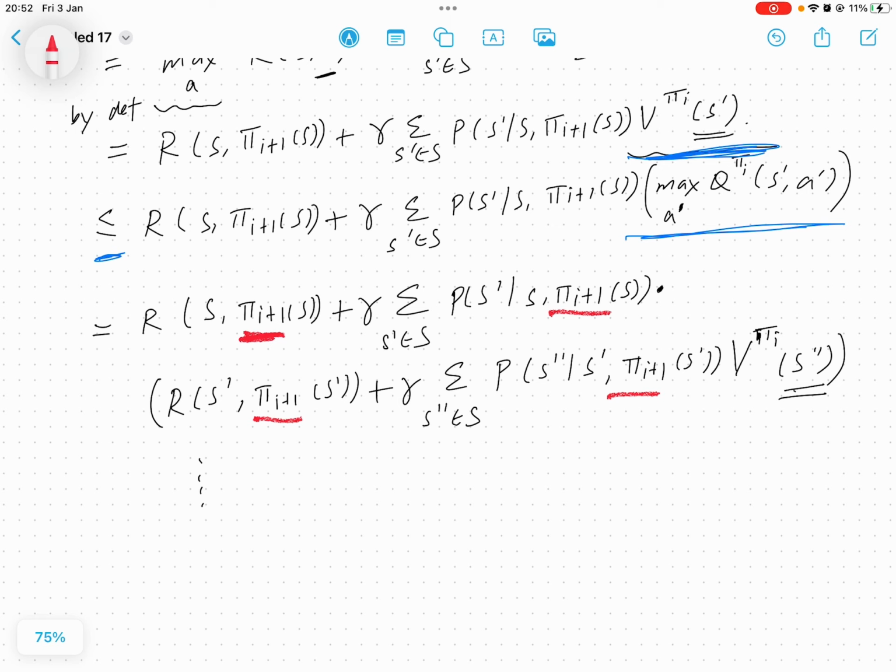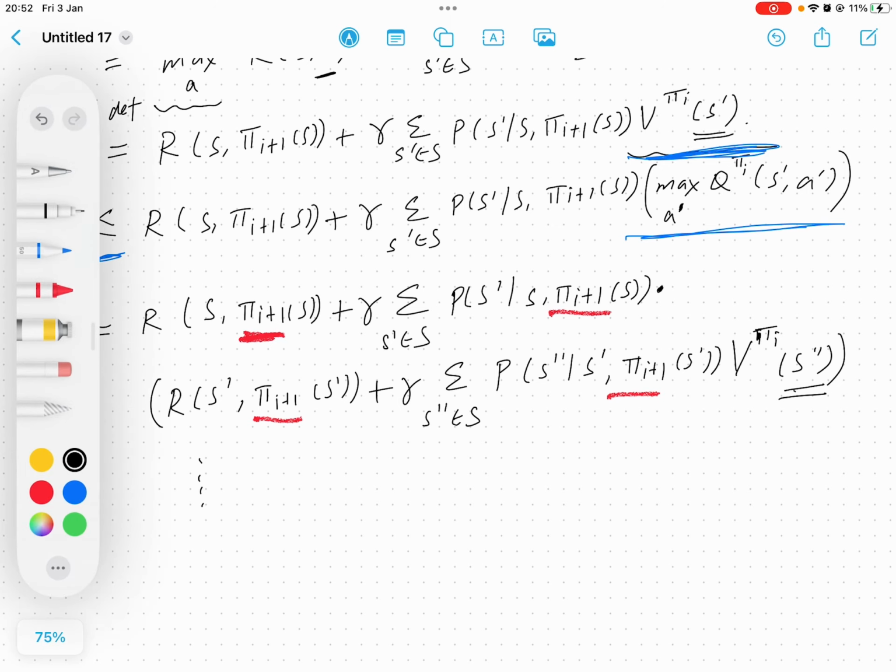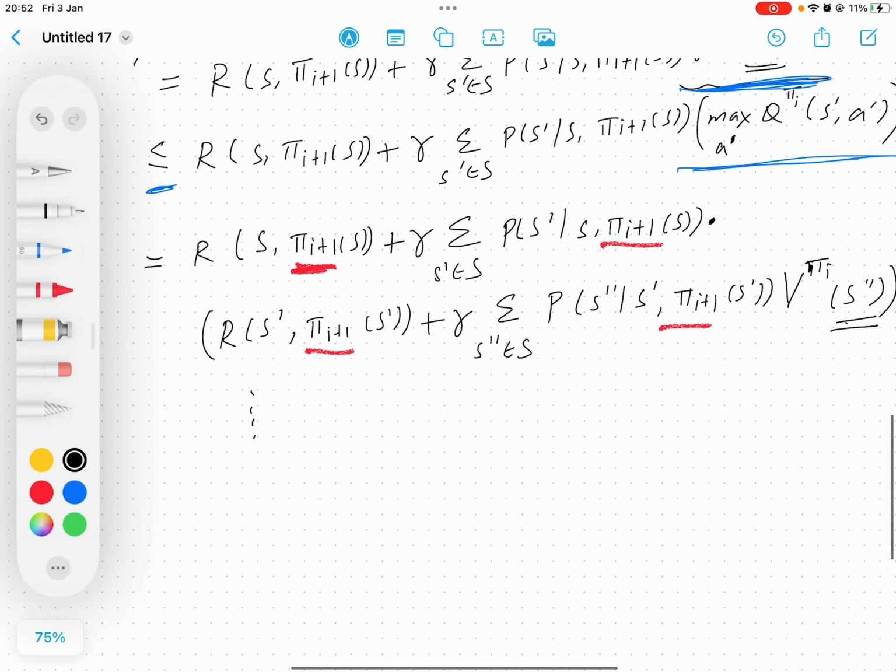So eventually what we get is this value function under pi_{i+1}. We just made one step ahead by choosing some optimal action under each time step for each state, in the future or in the current.